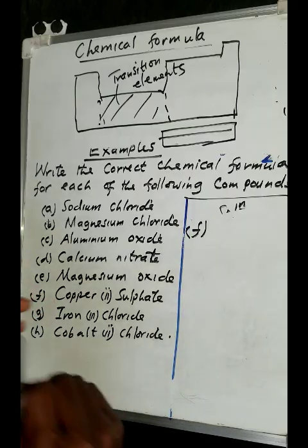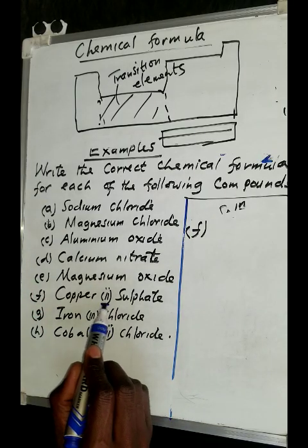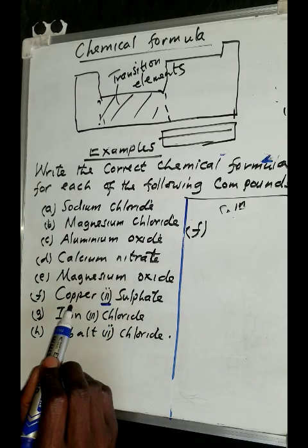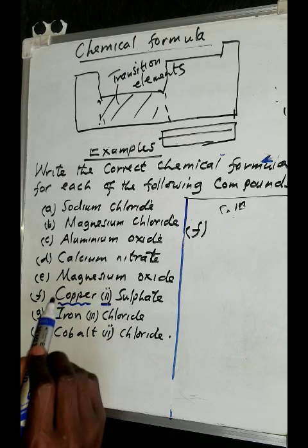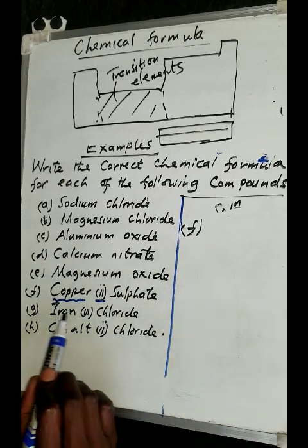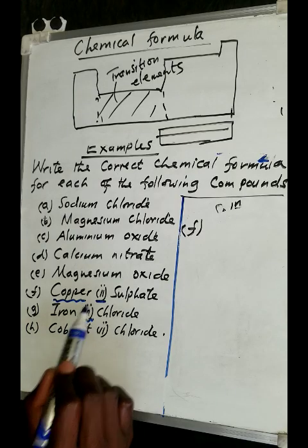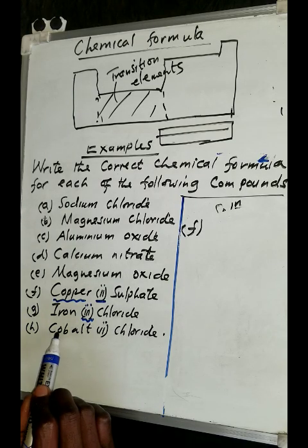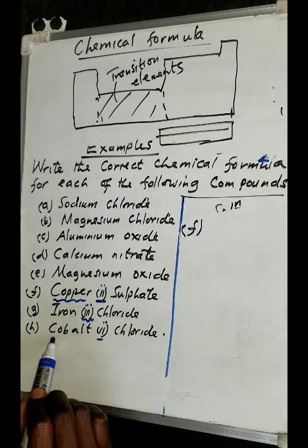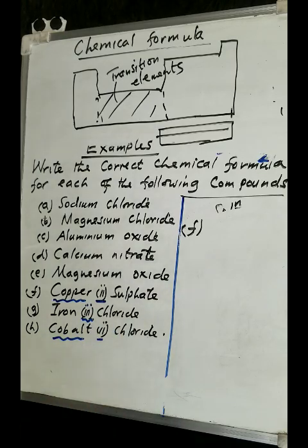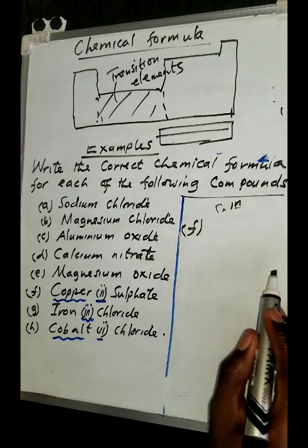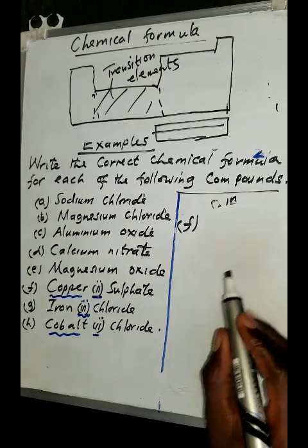For example, it says copper 2, meaning this 2 in Roman numeral is telling you about the valence of copper. When we say iron 3, it's telling you that the iron has a valence of 3. When you say cobalt 2, it is telling you that this cobalt has a valence of 2. So that's what you are going to be finding in your exam or in your question. They'll give you this for these transition elements.